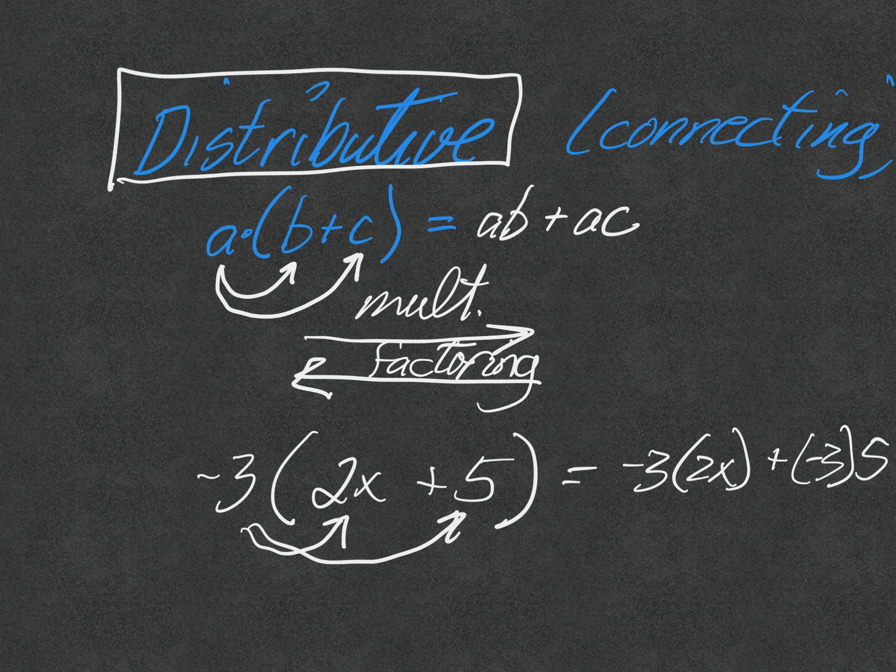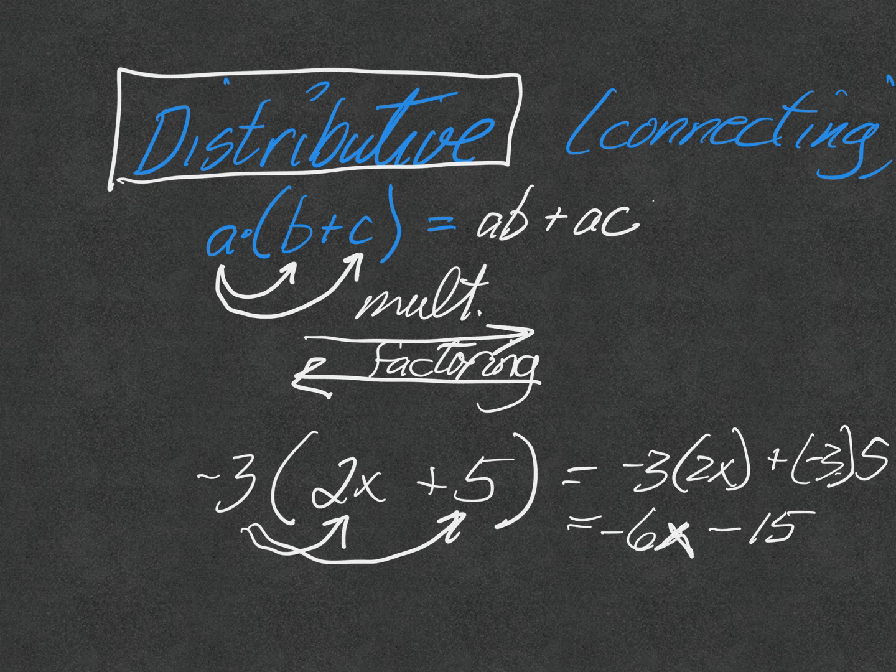And often when the negative 3 is in the middle of the problem, I put it in parentheses to separate that negative out. But anyway, I end up with negative 3 times 2x is negative 6x. And then plus negative 3 times 5, that's negative 15. So I can put subtract 15. And that's how we do the distributive property.